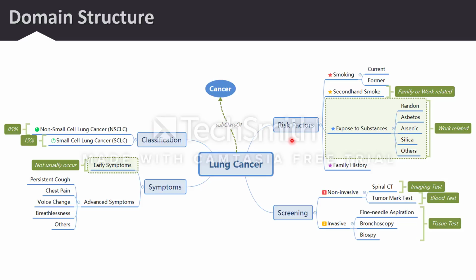The third aspect is risk factors of lung cancer. The most significant risk factor is smoking, either current smokers or former smokers. Also, people who do not smoke can be high-risk people as well, such as people who live with smokers and suffer from secondhand smoke, or people exposed to substances like radon during work, or people whose parents or other family members have been diagnosed with lung cancer.